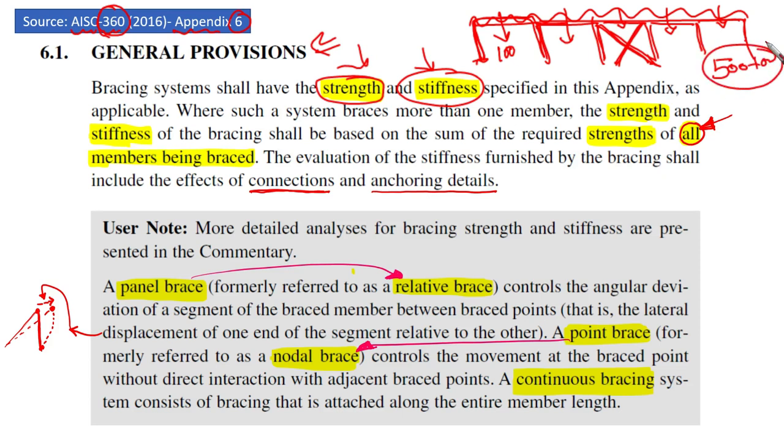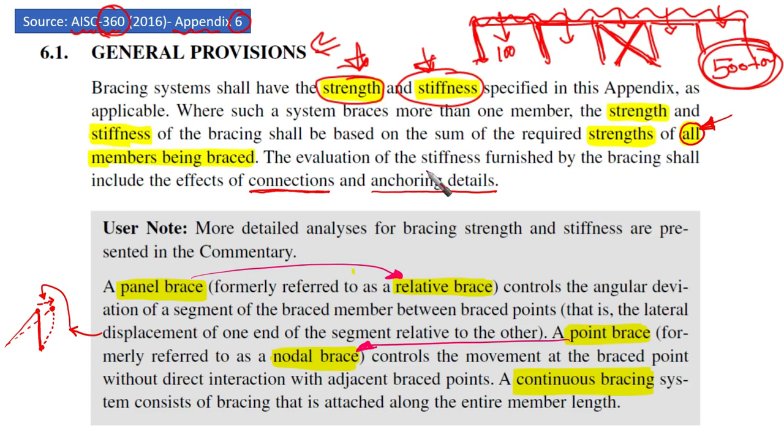This value is going to be used for the design of the bracing, whether for strength or stiffness, because the required strength in the elements that are going to be braced is the main input parameter for us to design the stability bracing.